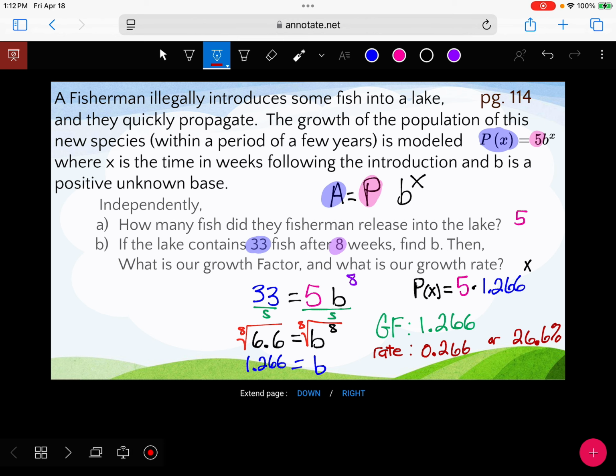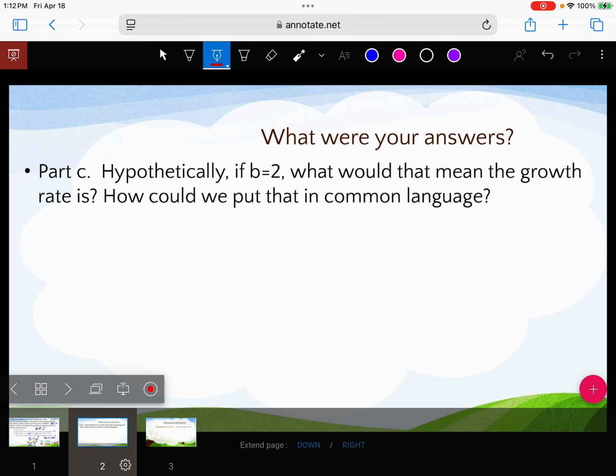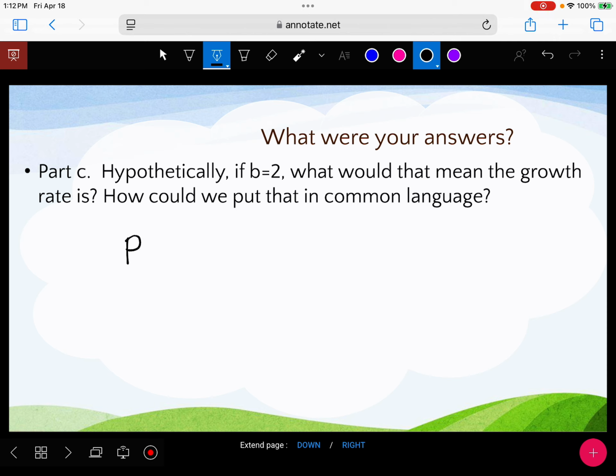So part C that they have on this page is kind of a hypothetical. So we're going to look at C real quick. Hypothetically, if B was 2, so they're saying starting over, brand new, not solving for B, if they handed us an equation that was P of X, same starting amount of 5, but now we figured out B is 2.